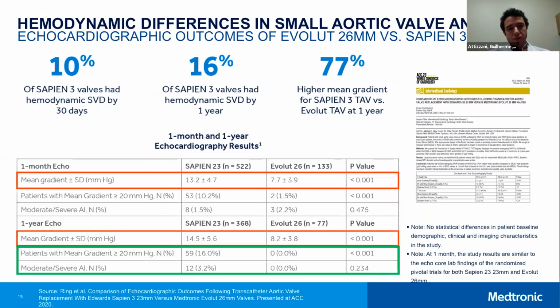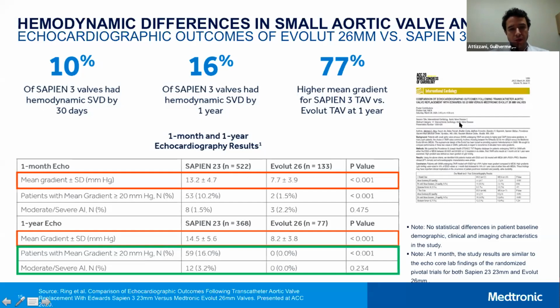This is also an interesting piece of data. It's a pooled analysis of some hospitals here in the United States, but basically what they're showing is that in smaller annuli, when we compare SAPIEN 23 versus the EVOLUT 26 valve, we can see that the mean gradients were consistently lower for EVOLUT, not only post-procedure, but also long-term.